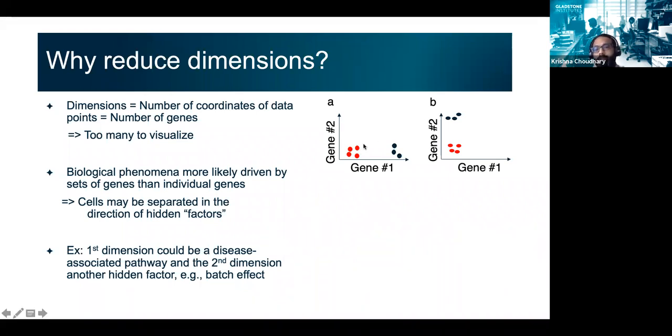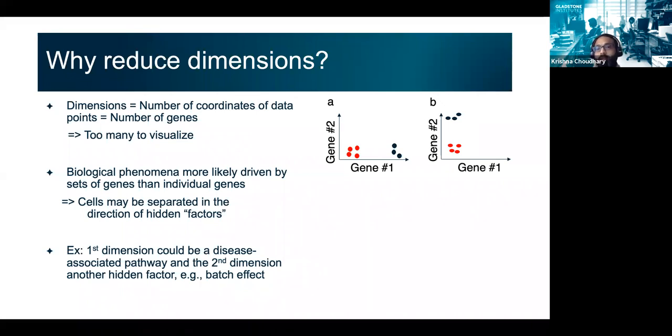Then we can visualize in 2D, where each of the axes will represent one of the genes, and our points here will be one cell, and we can visualize our data in 2 dimensions. However, we have done our experiment in a single cell RNA-seq experiment. We capture tens of thousands of genes, 20,000 or 30,000, depending on how large our genome is and how many genes there are.